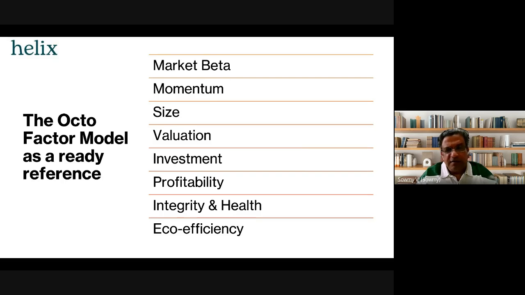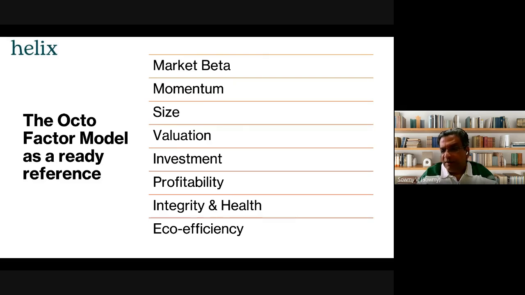We discussed a little bit about momentum. We looked at size, the various factors influencing stock returns. If you remember, in the first session we looked at this. Now we're going into valuation. And then we will look at investment, profitability, etc.